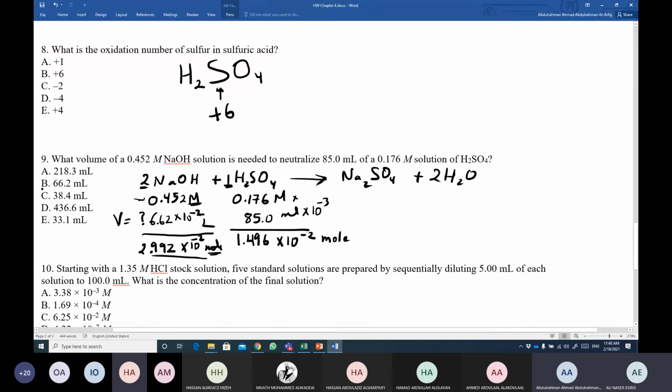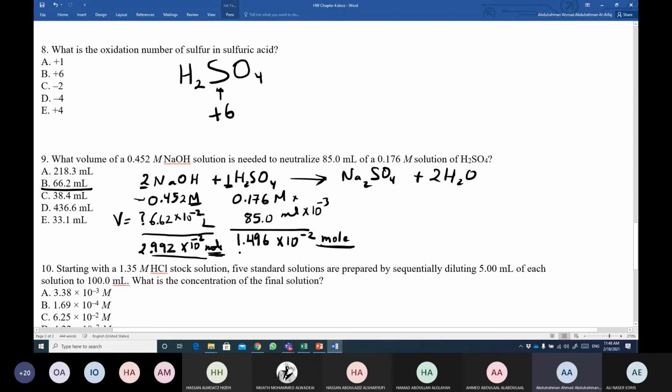B. Doctor, we don't need to convert milliliter to liter in the first equation, right? You don't have to, but you have to be careful. I prefer to change it, especially since we already calculated the moles here.